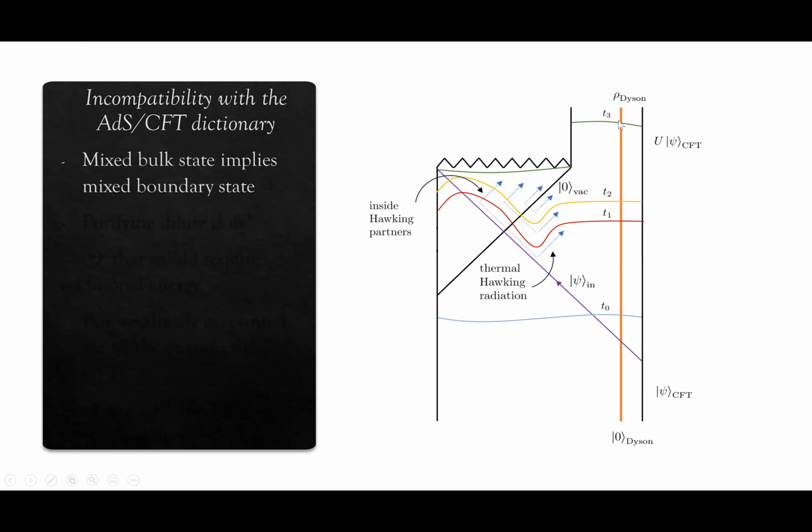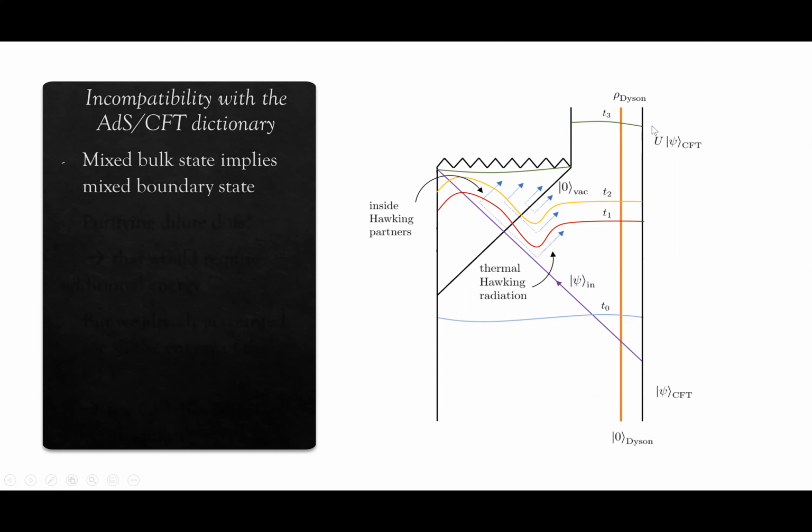Those outside Hawking partners are by definition mixed. Since this Dyson sphere is going to be near the boundary, I can just use my bulk-boundary dictionary to deduce that my boundary states should also be mixed, right? Since near the boundary, we know how to use the dictionary.